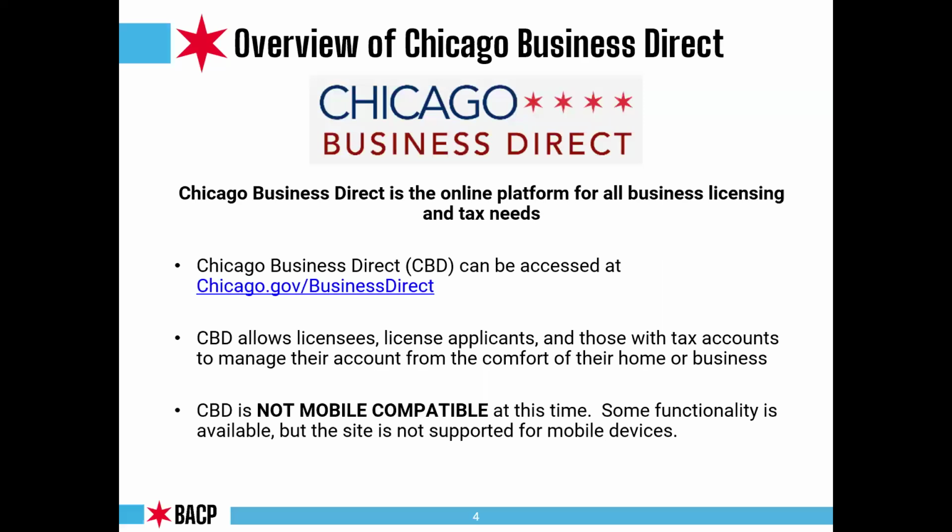While some functionality is available, this site is not supported for mobile devices. So if you are running into an issue and you are working on a mobile device, then we highly recommend you go to a computer. And in most cases, you'll find that you will be able to proceed with what you were trying to accomplish.